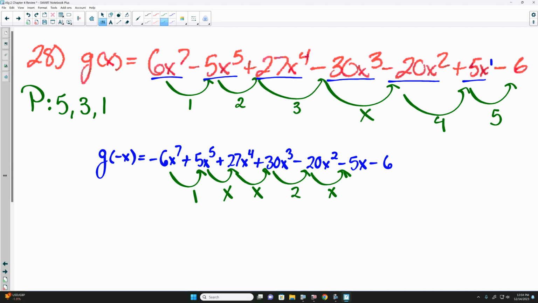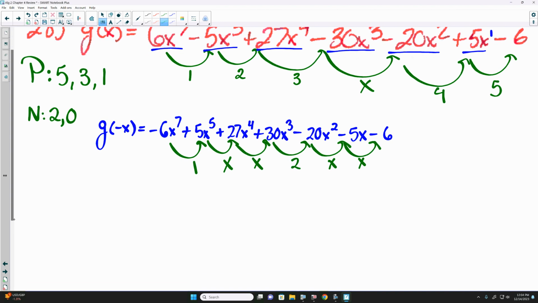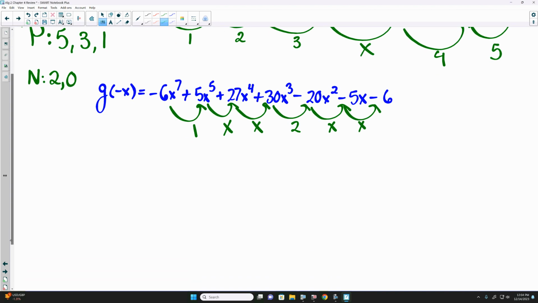Negative to negative, so no. And lastly, negative to negative, so no. So the most negatives we can have is 2, or less than it by an even amount, which would be 0, and we can't go lower than that. So we have 5, 3, 1, 2, 0.